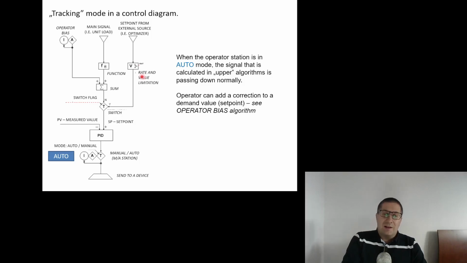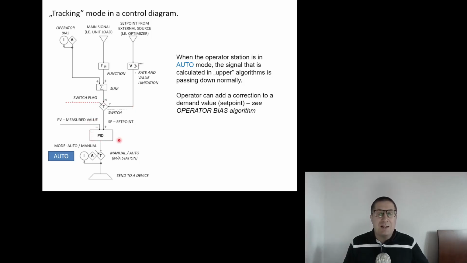Okay, now we know what the PID controller is. Let's take a look at how it is implemented in the DCS or a PLC, and what tracking is. If you take a look at the implementation of such a control loop in the DCS system, it will usually look something like this, more or less.